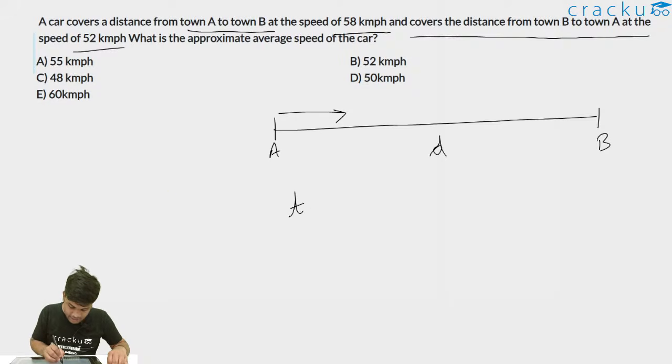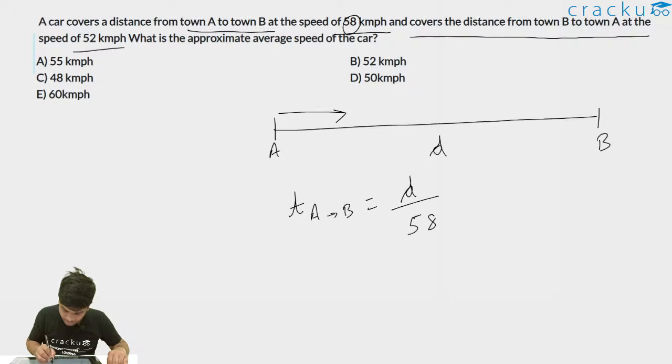The time taken for the car to go from A to B: time is nothing but distance by speed. We have assumed distance as d and the speed is 58 km per hour. So the time will be d by 58. This is in hours because we are taking d in kilometers.